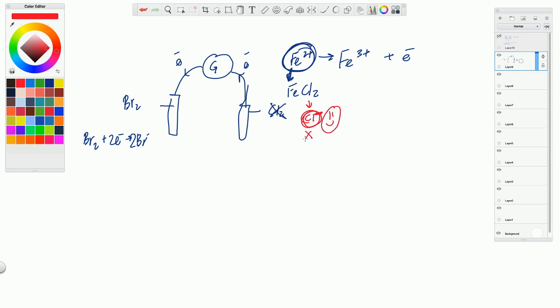It's not going to react anymore. So the reaction happens between iron 2 and bromine, not the chloride ion. Chlorine is very reactive. Chloride is very happy. It won't react anymore. So when it's FeCl2, it's not Cl2, it's Cl negative ion. So the direction of the electron flow is this way from iron 2 chloride to bromine.